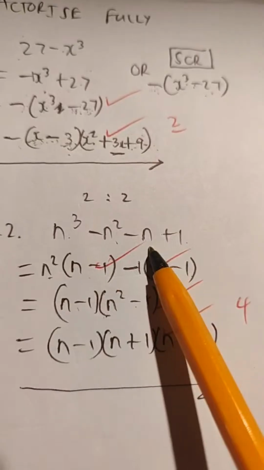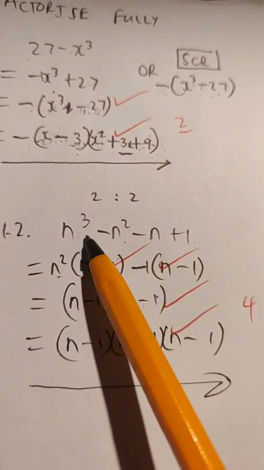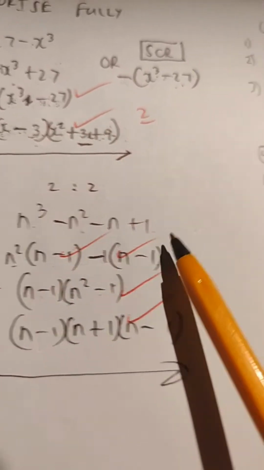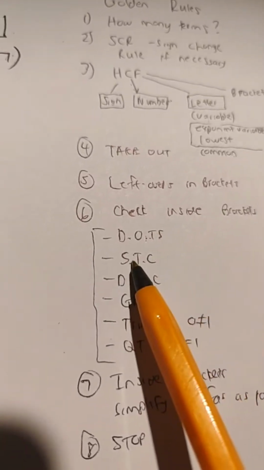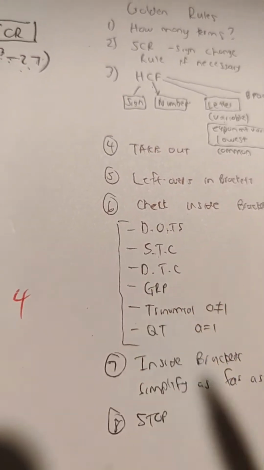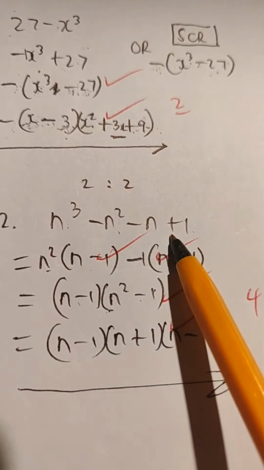We check now if there's any other type of factorization we have not considered for the 4 terms. Difference of two squares? No. Sum of two cubes? No. Difference of two squares? No. Grouping? Well, grouping seems to be something we can consider.